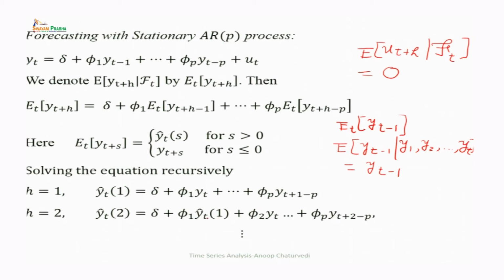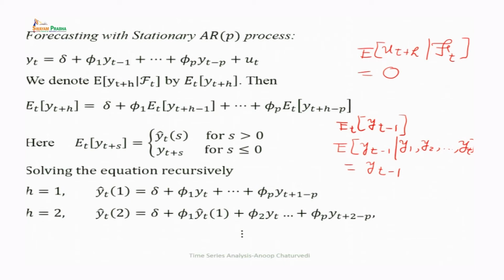So, you write y hat t 1 here, plus phi 2 times y_t itself, and so on, plus phi p y_{t+2-p}. So, this is how you can obtain the different forecast values, for 1 step ahead, for 2 step ahead, and so on, recursively.